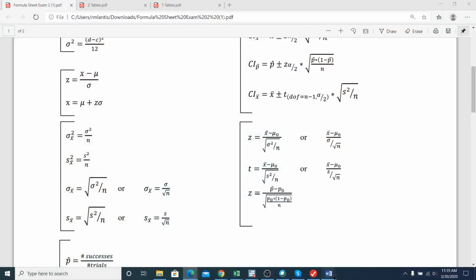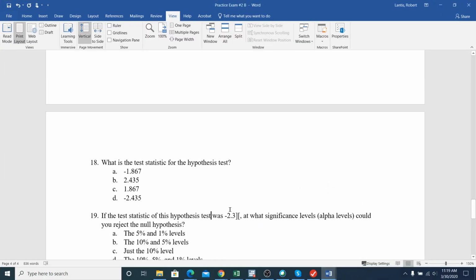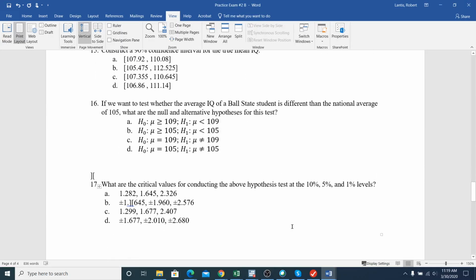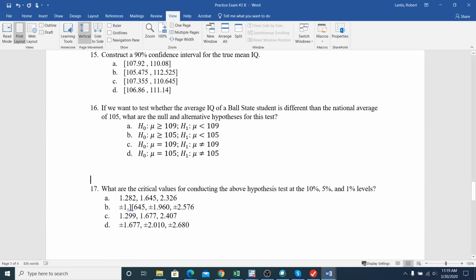So let's say now instead we don't know the population standard deviation. If we go back here, all I'm going to do, I got to learn how to use hotkeys better and not put them in my Word document.